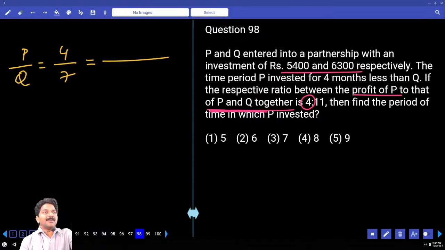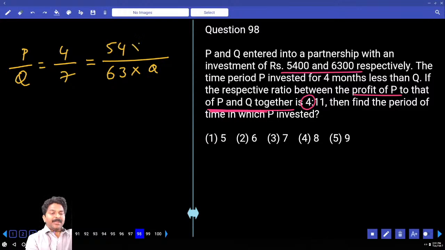Investments, 2 zeros are common: 54, 63. If Q is there for Q months, P will be there for Q minus 4.